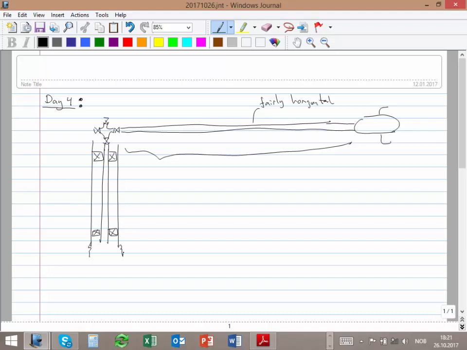Okay, so let's go to this tubing equation, P2. Now I ask you, can I use this equation for an inclined pipe, for any inclined pipe? Yes, right?